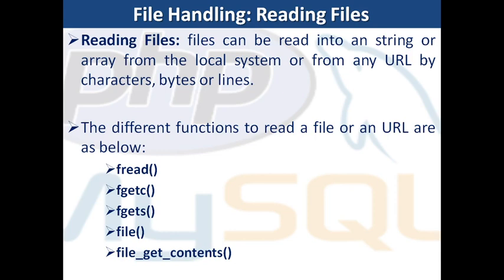And file_get_contents is also used to read data from a file or a URL. Both file and file_get_contents can read data from a URL. But the difference is file gives data in an array while file_get_contents gives the data in a string form.